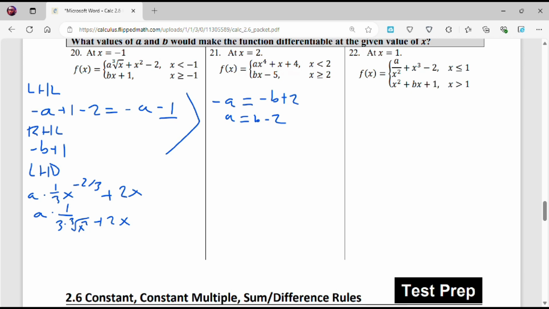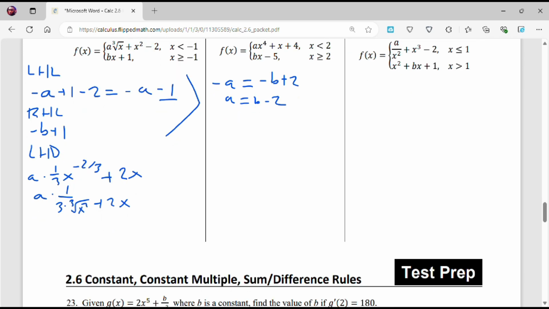Now we're going to plug in -1. -1 squared is 1, cube root of 1 is 1. So a times 1/3, which is the same thing as a/3. Plus 2 times x is -1, right? So plus 2 times -1, which is -2. Okay.